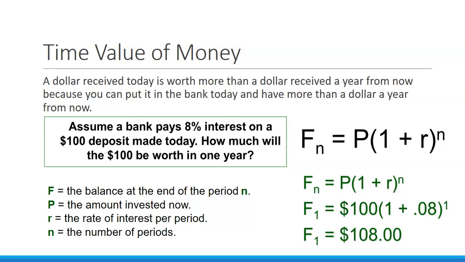So we have the future amount, which is the balance at the end of the time period, the amount invested now, the rate of the interest, and the number of periods. So if we put away $100 at an 8% interest for 1 year, then at the end of 1 year, that value is worth $108.